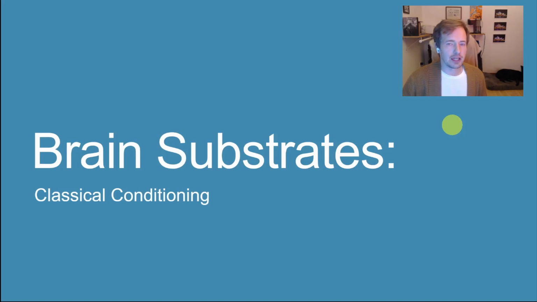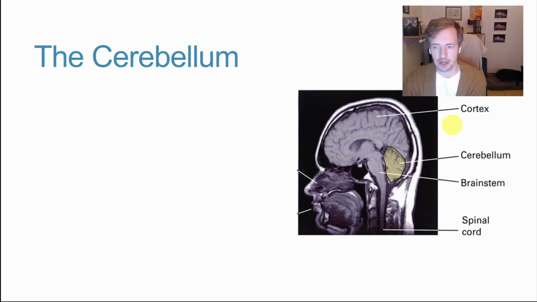So let's take a look at how these areas of the brain are reacting together, and we'll first do this by talking about classical conditioning. Here we're going to focus on the cerebellum for a moment. That is kind of weird because, at least in cognitive psychology, we don't really talk about the cerebellum all that much.